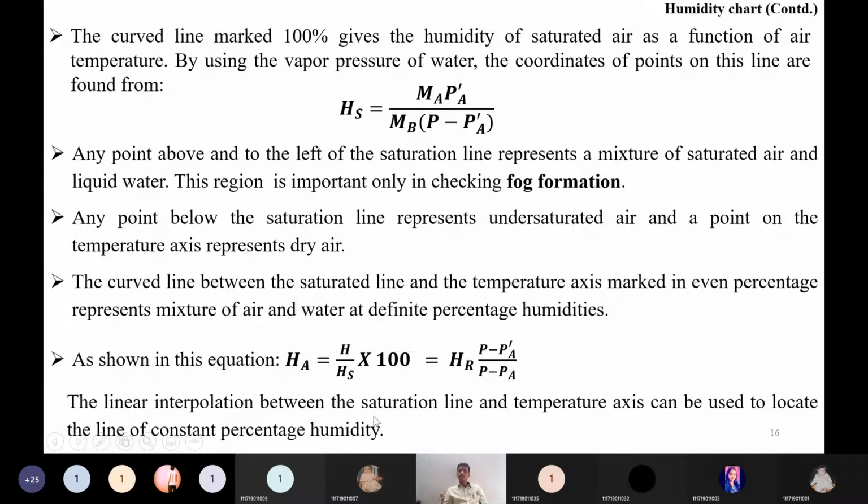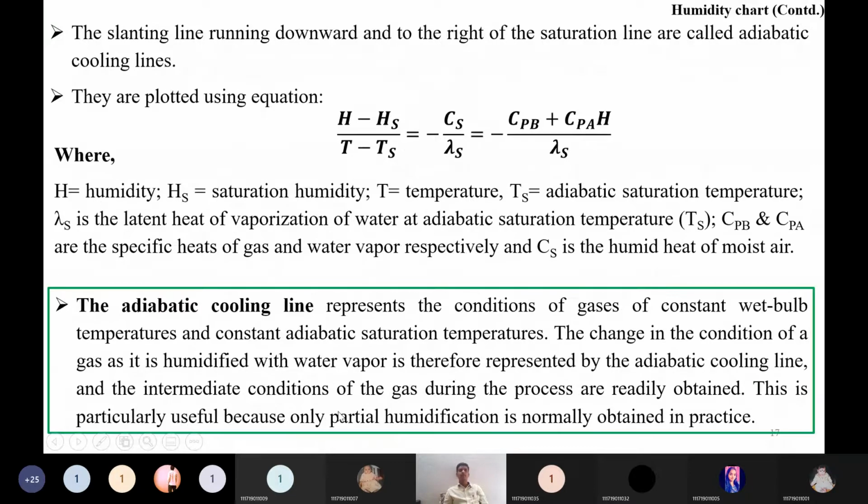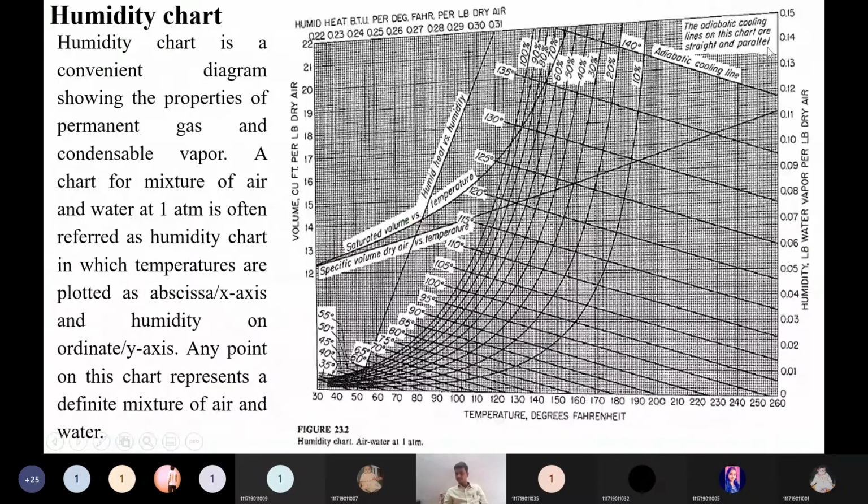Then linear interpolation between the saturation line and the temperature axis can be used to locate the line of constant percentage humidity. Then the slanting lines running down to the right of the saturation line are called adiabatic cooling lines. That is, these slanting lines running back to the right of the adiabatic saturation line are called adiabatic cooling lines.